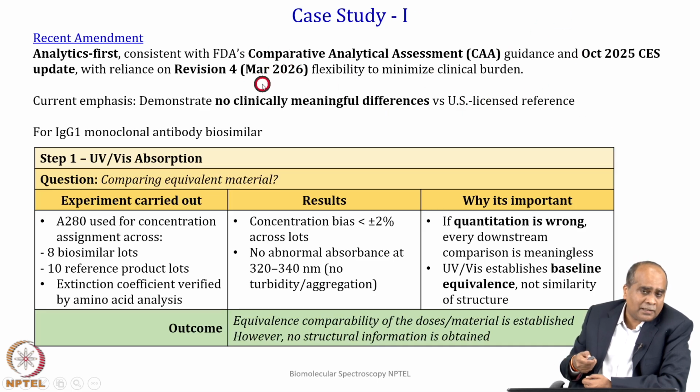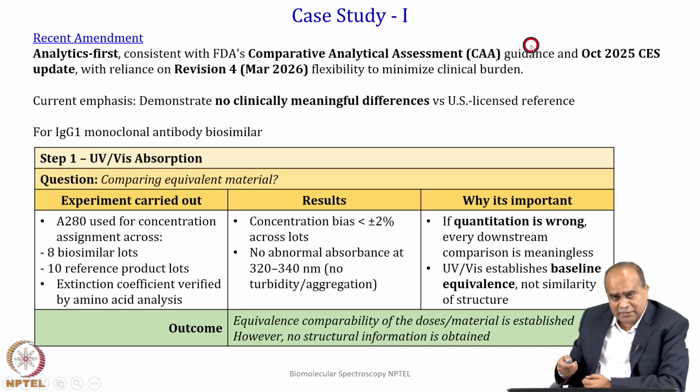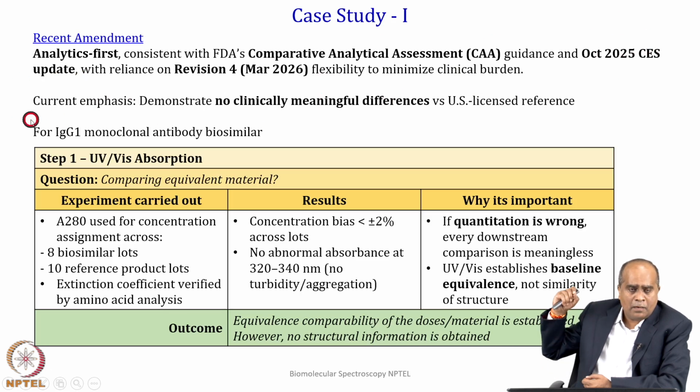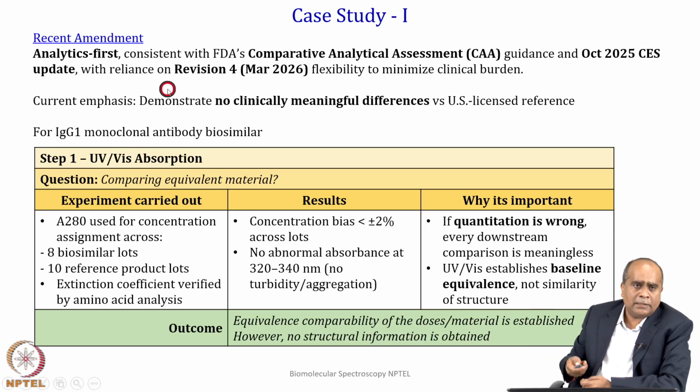If the clinical burden is reduced, the money investment is reduced, and therefore, you can make a cheaper version with less investment, a robust biosimilar which matches all parameters with the reference listed drug, right. So, the current emphasis is to demonstrate no clinically meaningful difference, and with a US licensed reference you can probably do it with robust analytical assessment and minimal clinical trials.